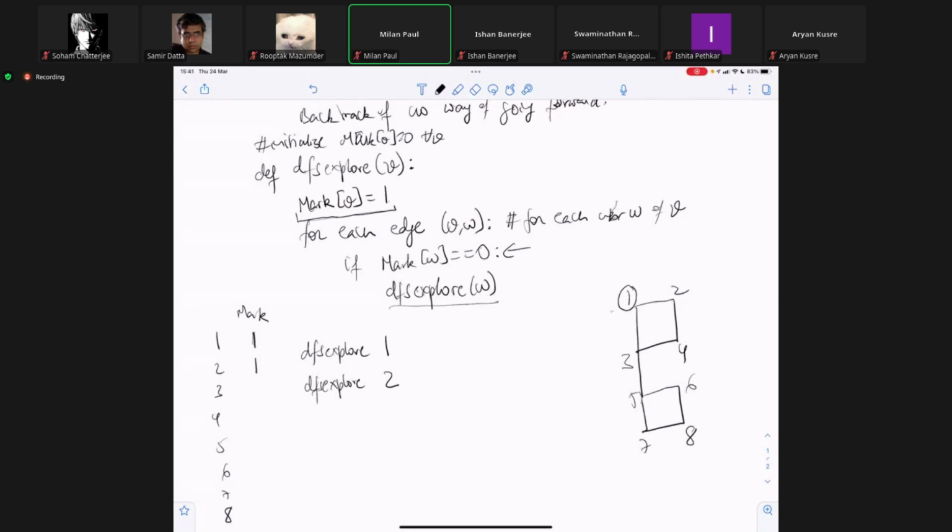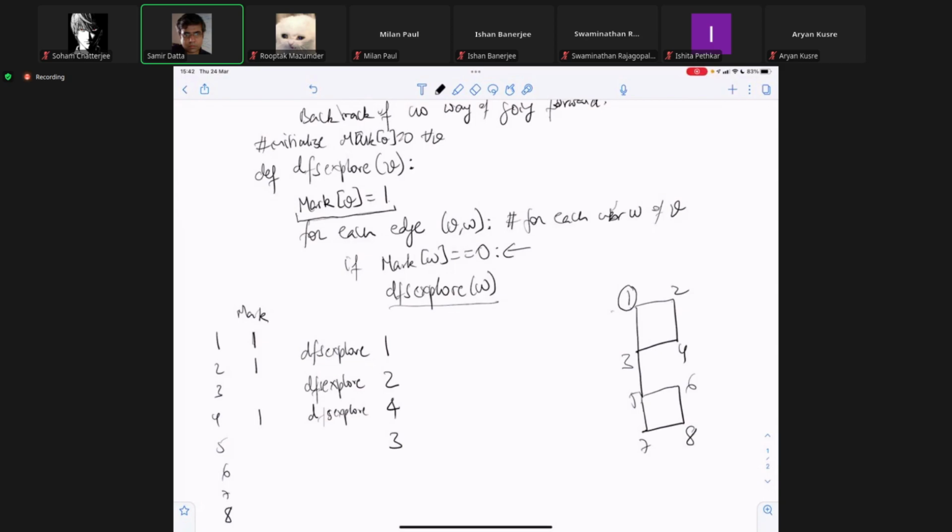Yes. Then you would call DFS explore with 4, correct? And inside that you would mark 4. Then you would call DFS explore with 3. So 2 will not be called because 2 is already marked.